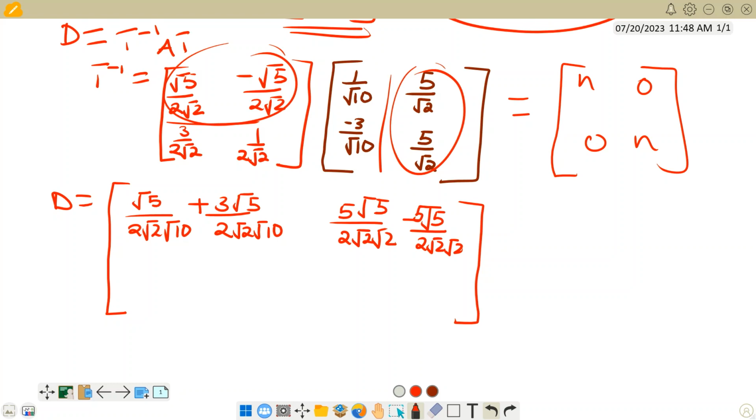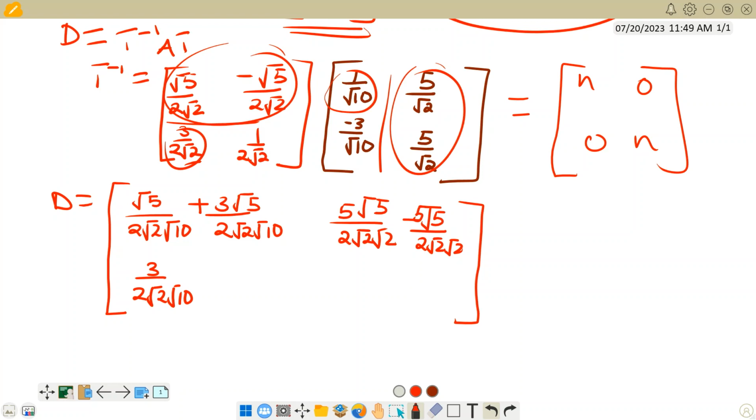Then we do the second row by column again, which will be 3 over 2 square root of 2 square root of 10.